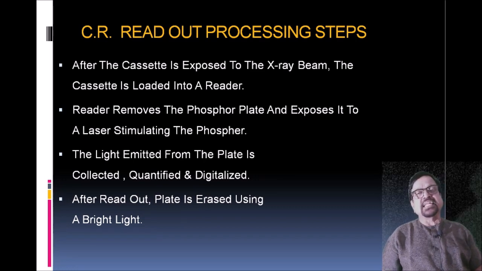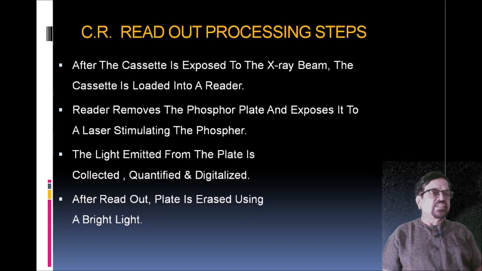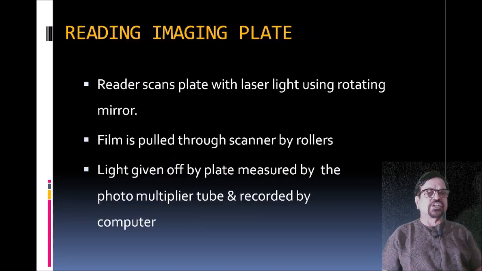The light is emitted in this process from the imaging plate. This light is quantified. That means the brighter the light, the brighter the pixel on the monitor, and so on. And after reading out, the plate has to be reverted, so it can be used for the next projections.